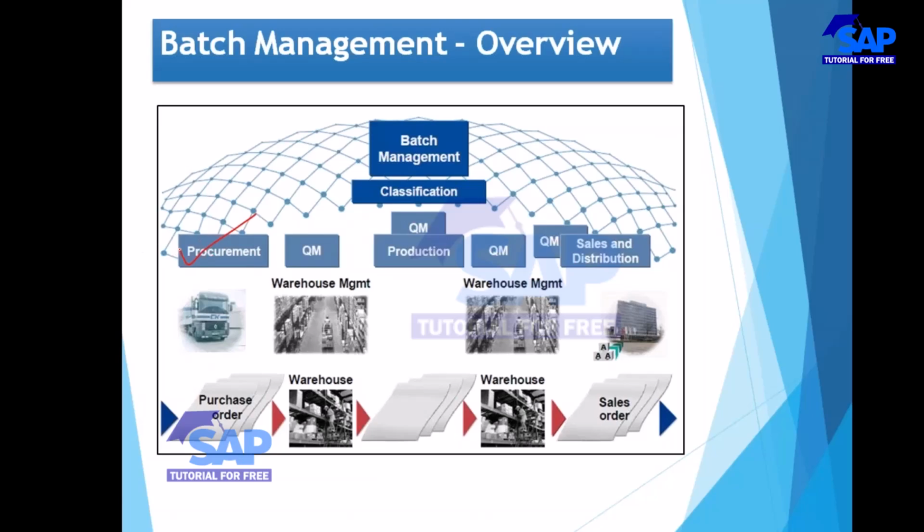You use batch management in QM, quality management, and in production: when you are producing the product, you identify it with batches. And when you are selling the product to the customer in SD, you will use batch management. It means identifying which product, which batch, has been sold to which customer.